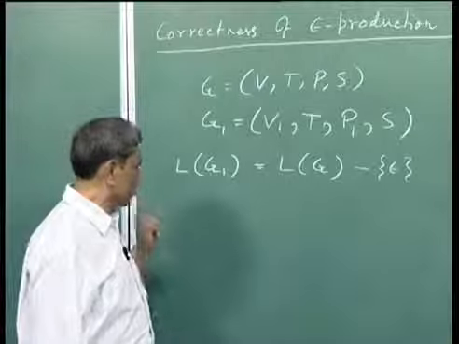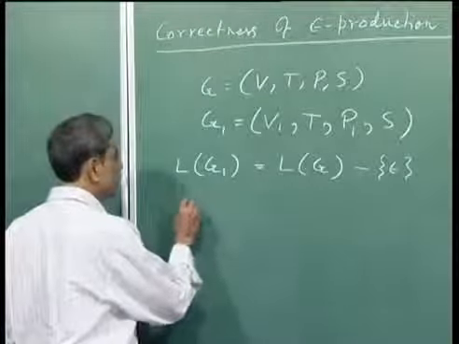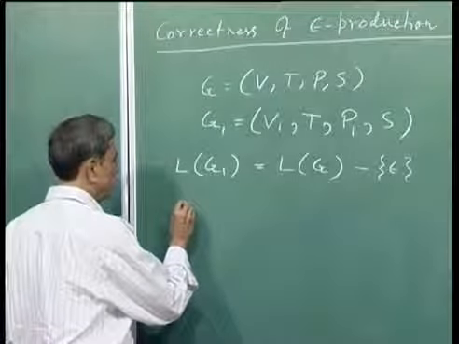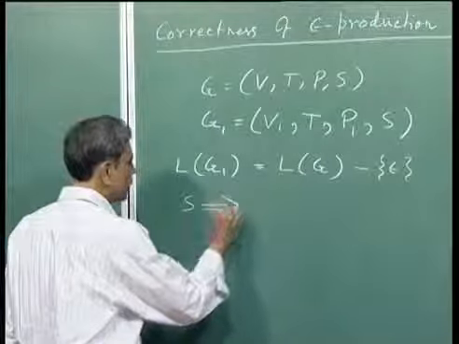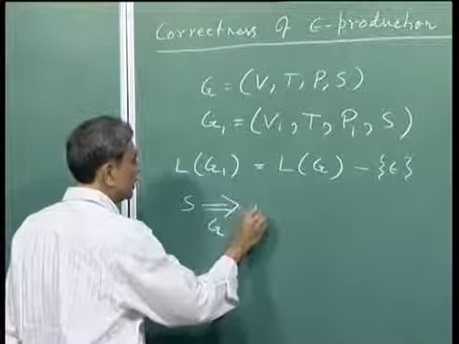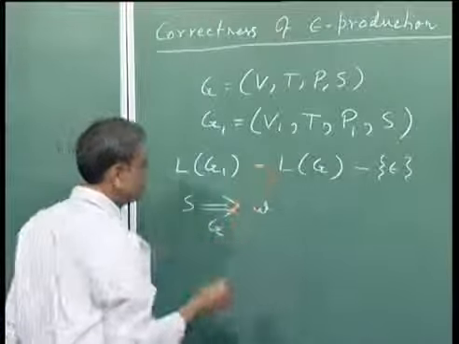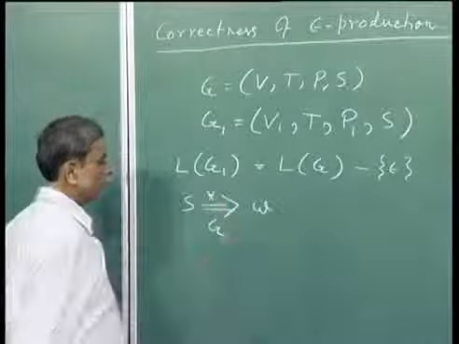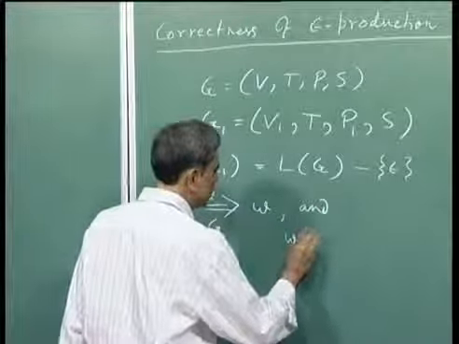So, what we need to show, you can see that suppose S derives in G W, which is a string of terminals, and W is not epsilon.